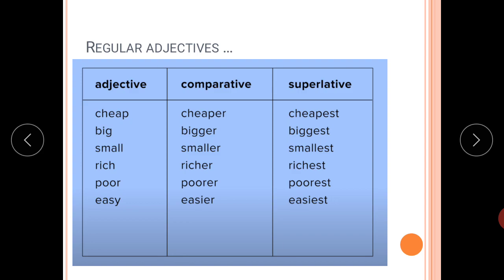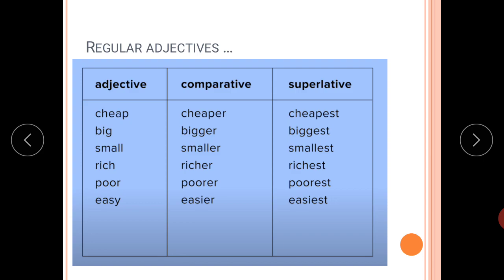Then, regular adjectives. The first part is positive, the second is comparative, the third is superlative. Sometimes some adjectives are converted to comparative and superlative by adding er and est.